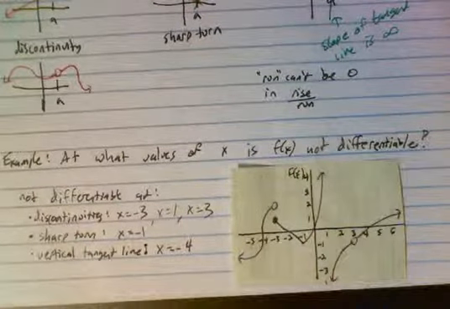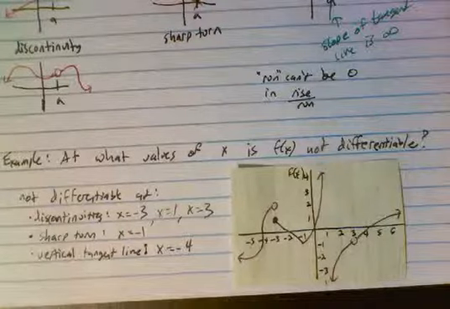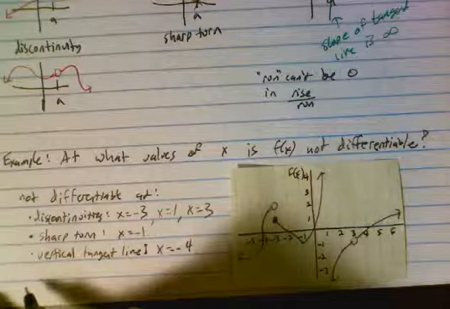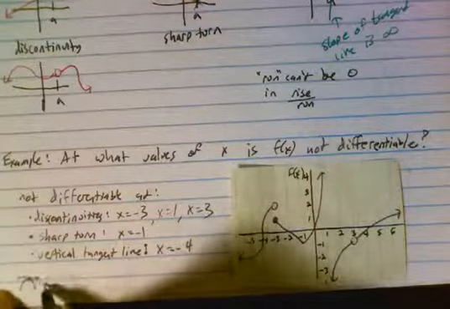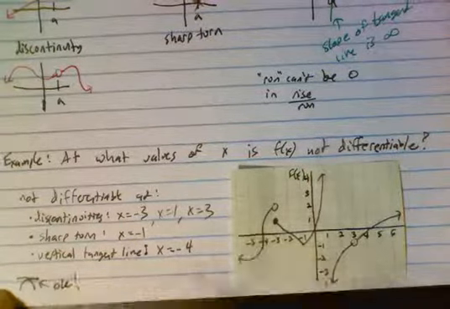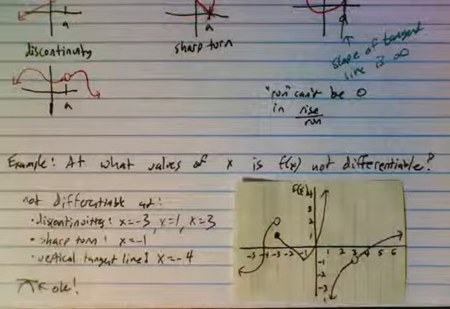Maxima and minima are okay. By definition, their derivative is 0. We can find the derivative. 0 is just a number like any other. We can also determine differentiability if we just have an equation, just like we were doing for continuity.